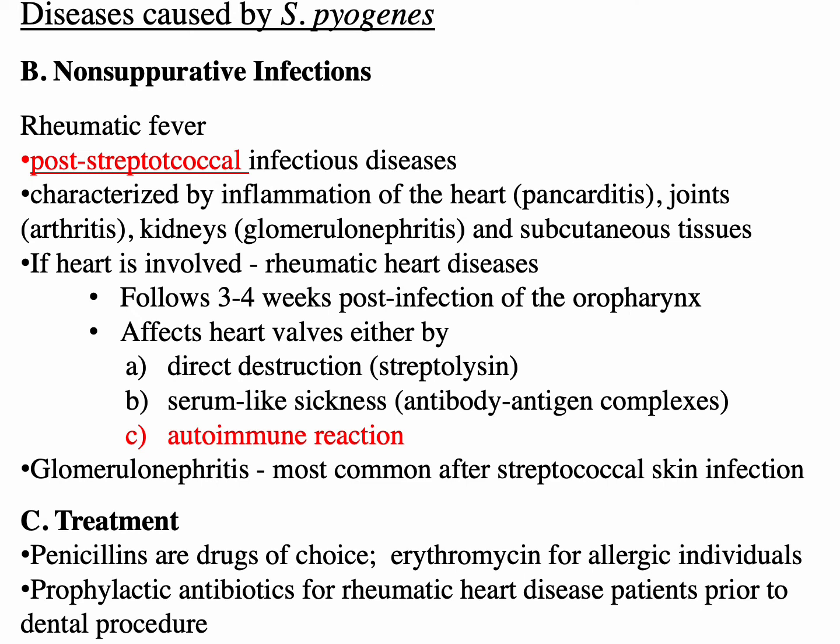Obviously, relevant to dentistry, for a person known to have rheumatic heart disease, dental treatment has to be performed according to the AHA, American Heart Association, guideline, which you have a copy of down in the clinics.